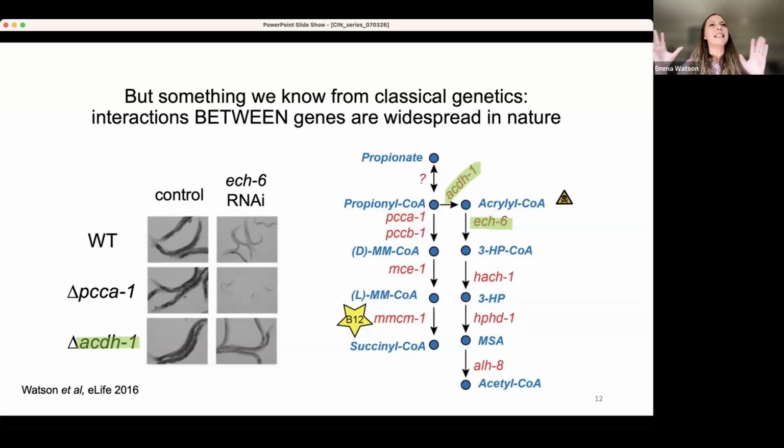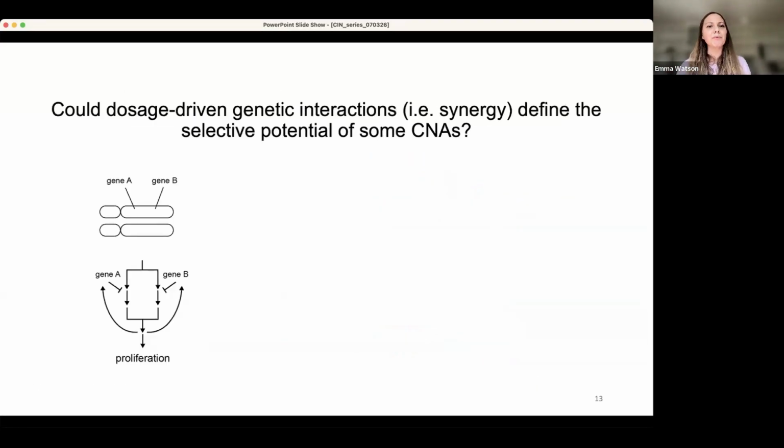And so we know these things are wired within cells. We know that signaling networks, metabolic networks employ a lot of redundancy, parallel pathways, feedback, feed forward loops. There's all these motifs that are meant to keep the network functioning despite perturbation.